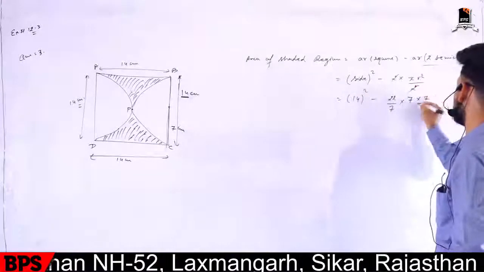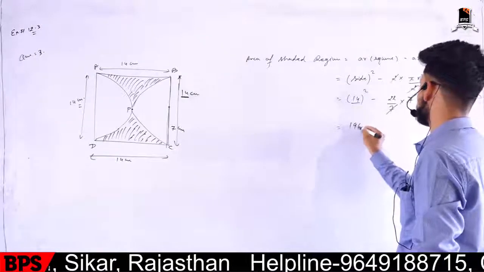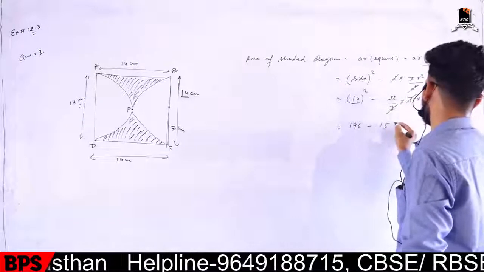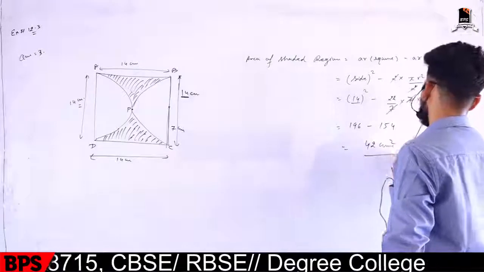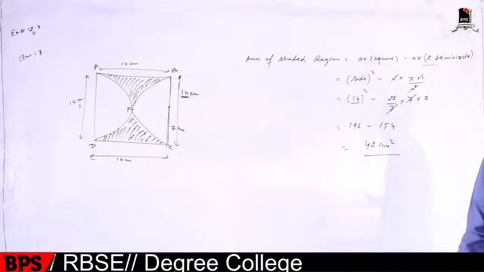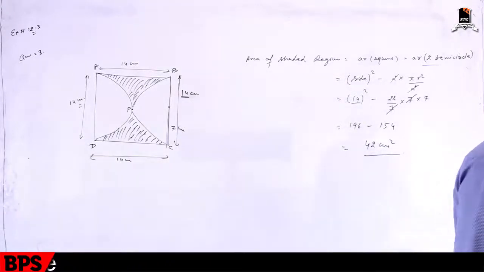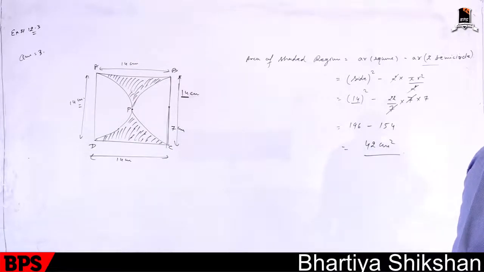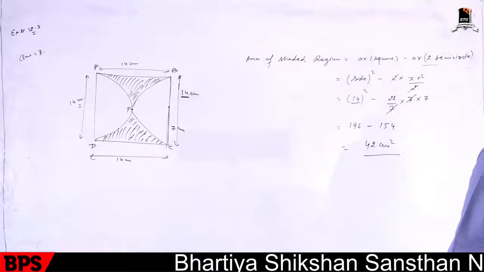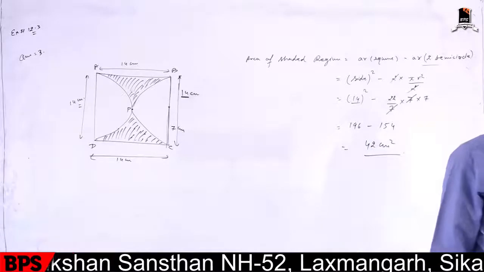Then 7 into 7, 7 and 7 cancel, then 14 square is 196 minus 22 into 7 is 154. So 42 centimeter square is the final answer. That is the shaded region of question number 3. Okay, done.